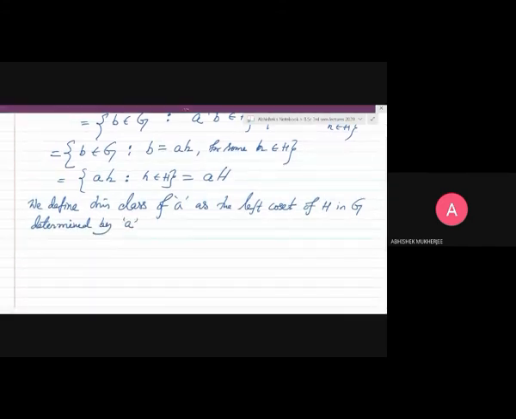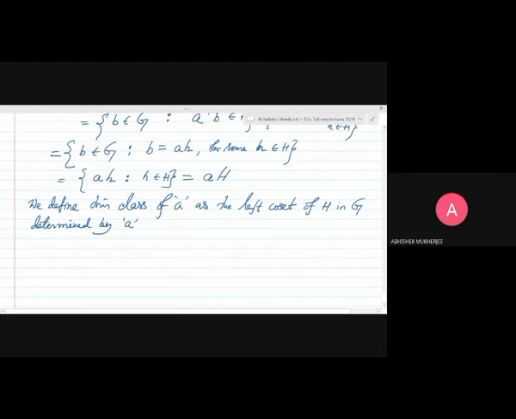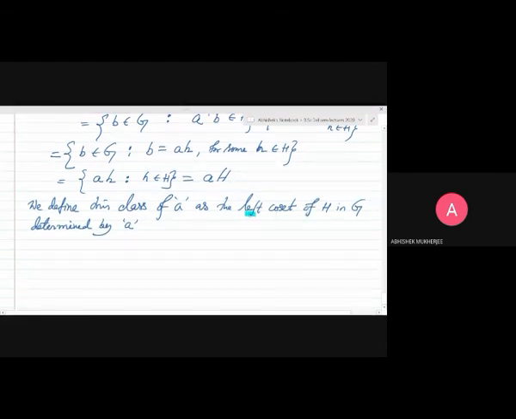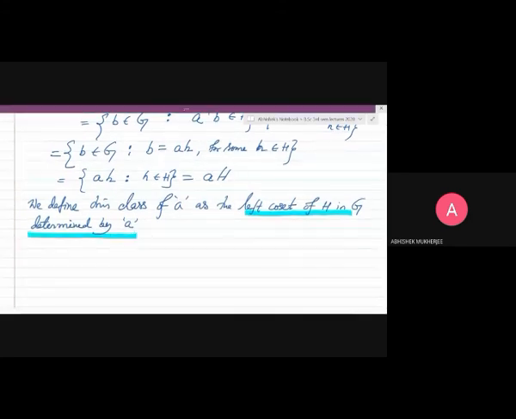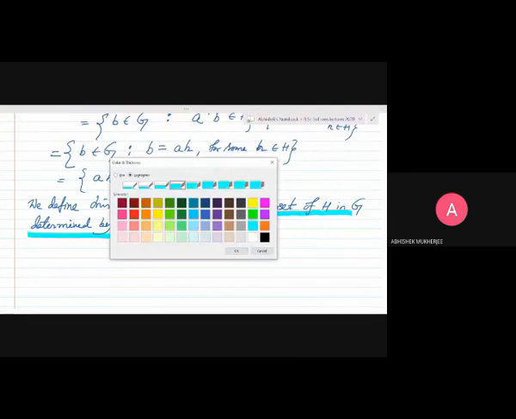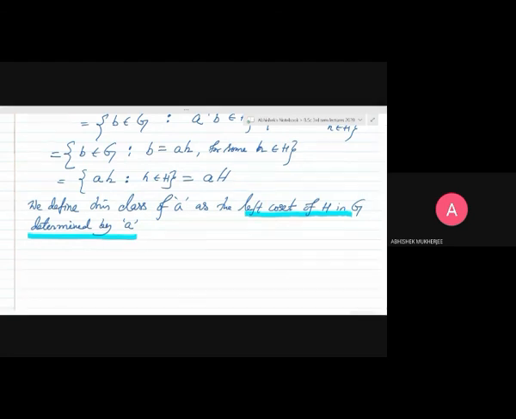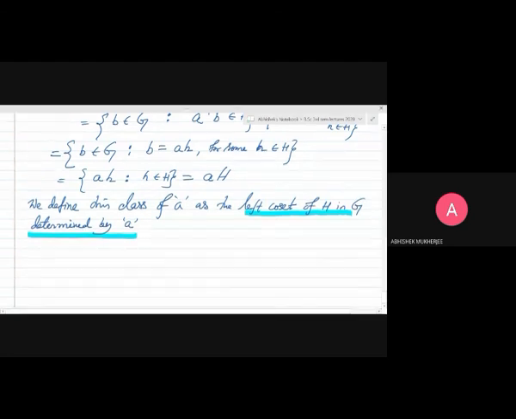So this is the left coset of H in G determined by a. Okay.